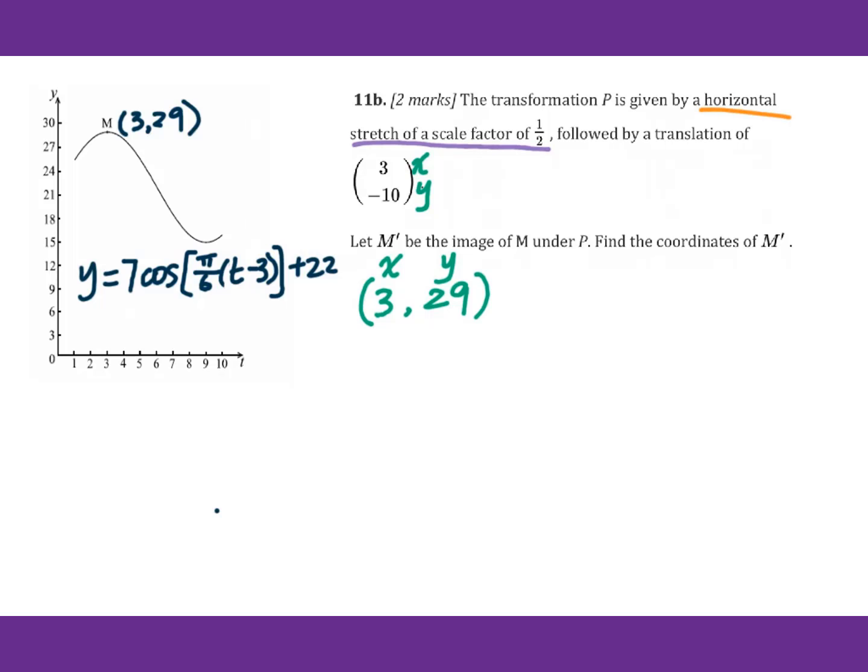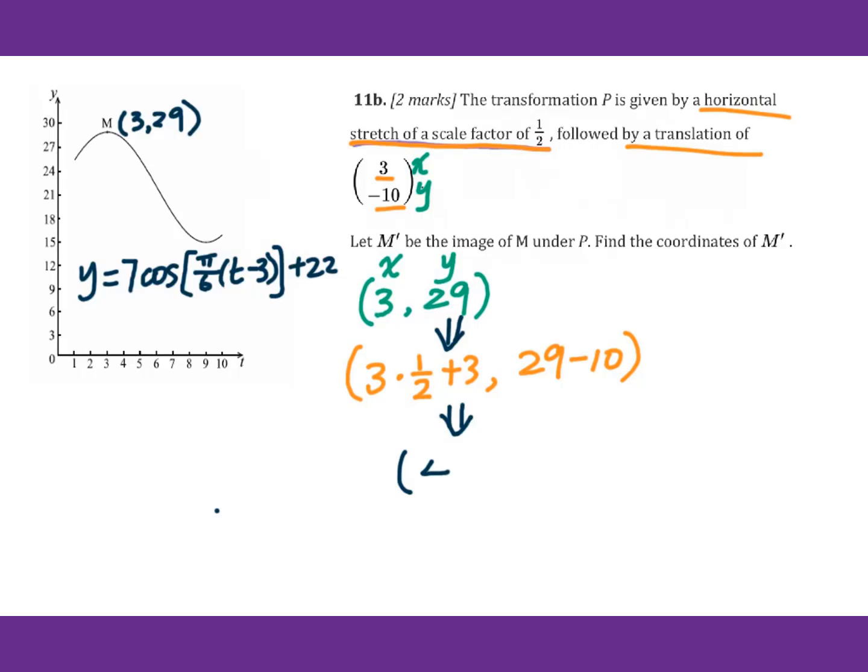For horizontal stretch of a scale factor of 1/2, that's why you do 3 times 1 over 2. Then do this vector translation, I add 3 here. For y, that's negative 10. So we do 29 minus 10. This will be the new coordinate. You will get (4.5, 19).